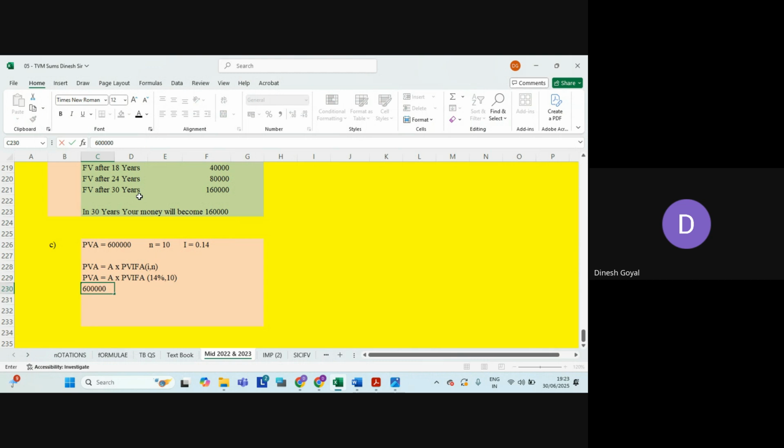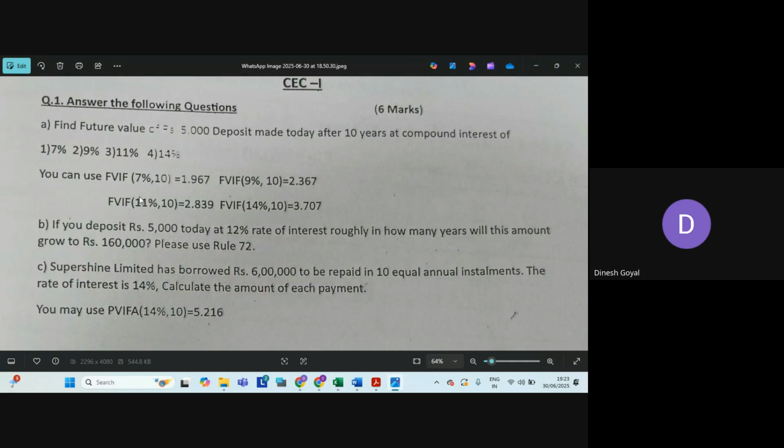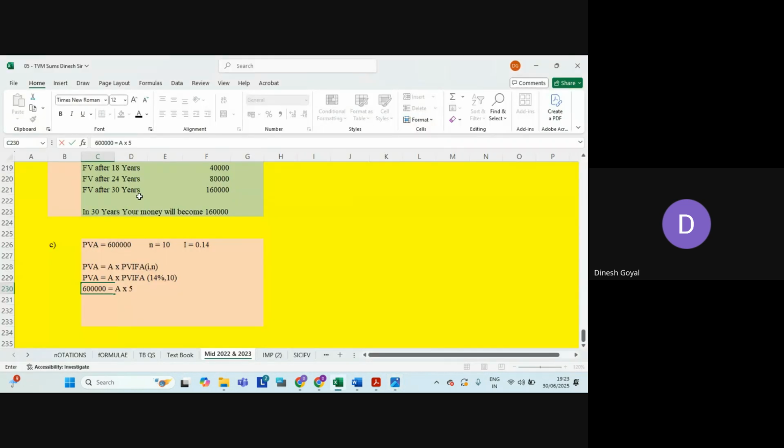So we discuss the other method also. 6 lakh, A we have to find. And PVIFA 14% 10 that they have given, 5.216. And the last line they have given, you may use PVIFA 5.216. So your A will be nothing but 6 lakh divided by 5.216. Sir, in the paper, will they be giving the value after removing the percent and everything, or do we have to calculate? Mostly this time they might not give you.